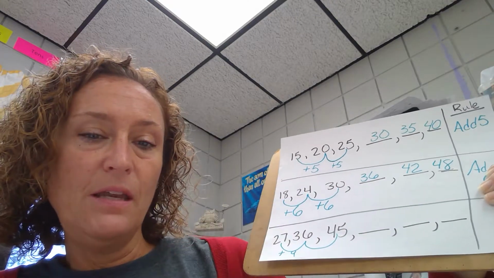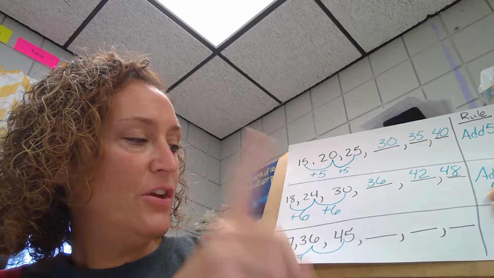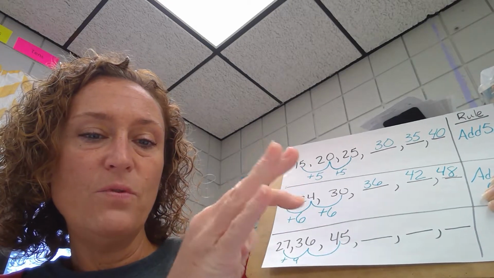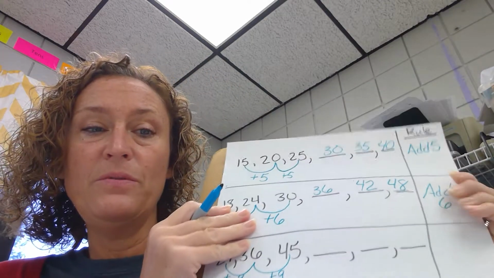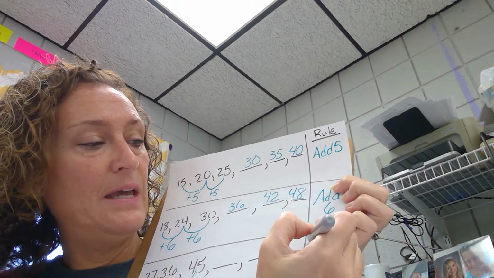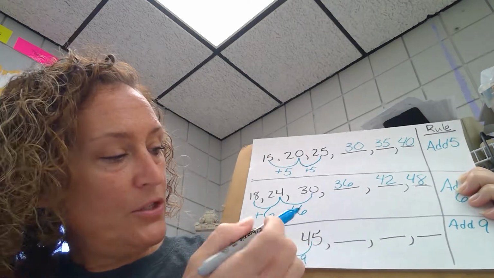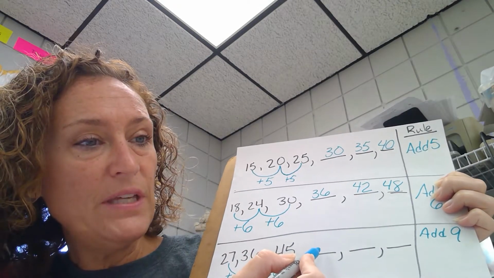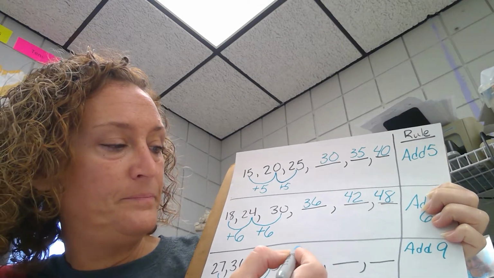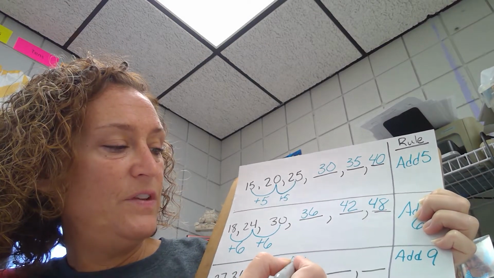36 plus 9, does that equal 45? Let's see. 37, 38, 39, 40, 41, 42, 43, 44, 45. It was 9. So it looks like the rule for this pattern is add 9. So now I've got to go 45 plus 9, which is 54.